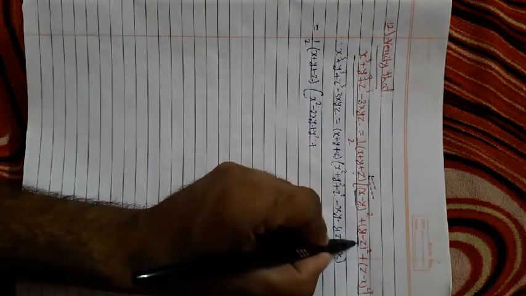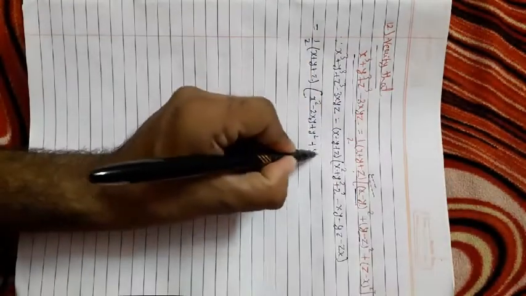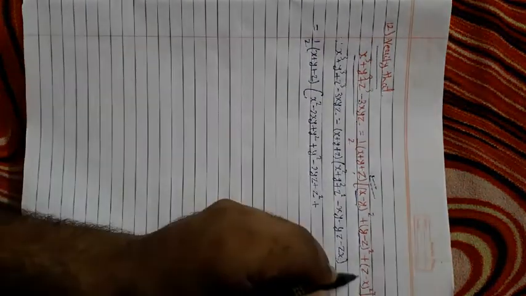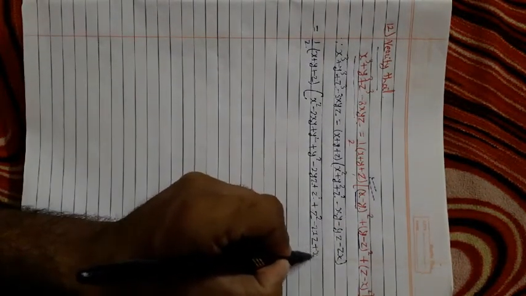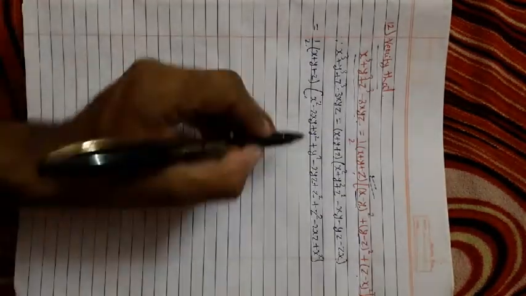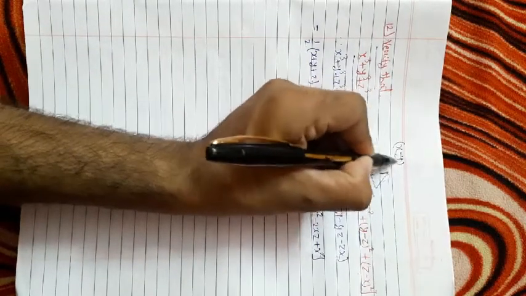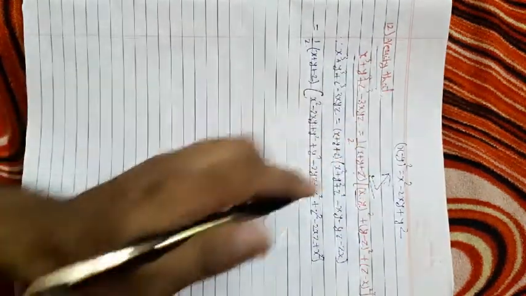The second one is similar, but the variables are changed, so we can write y square minus 2yz plus z square, and in the last one, (z minus x) whole square, it can be written z square minus 2xz plus x square. If you have not understood, I am writing which identity I used: (x minus y) whole square equals x square minus 2xy plus y square. This identity is used in all three brackets.